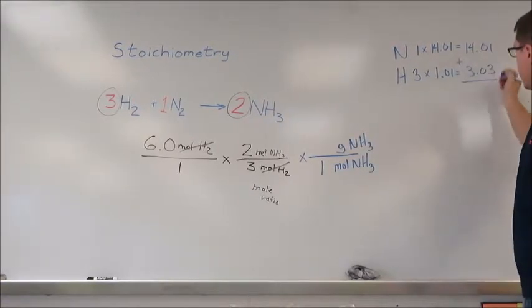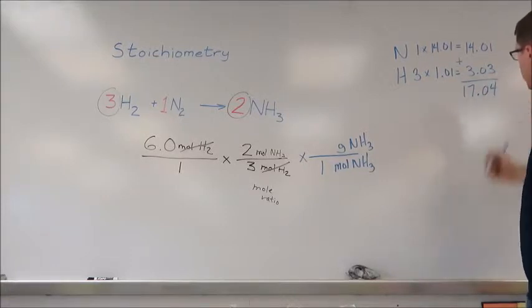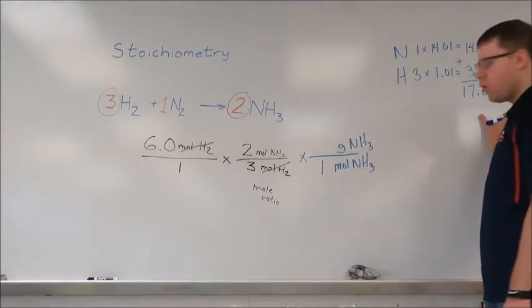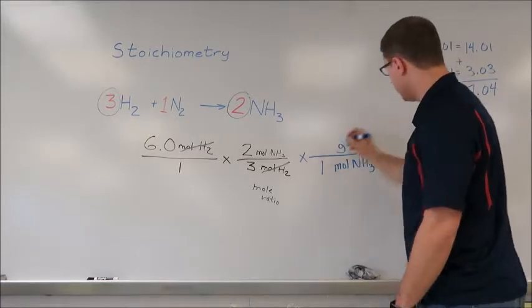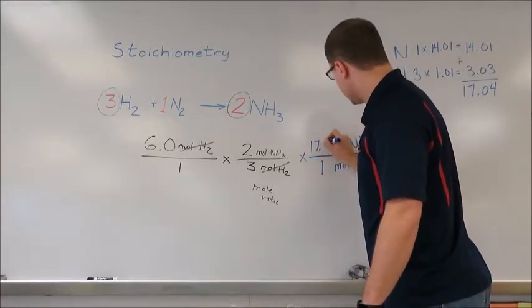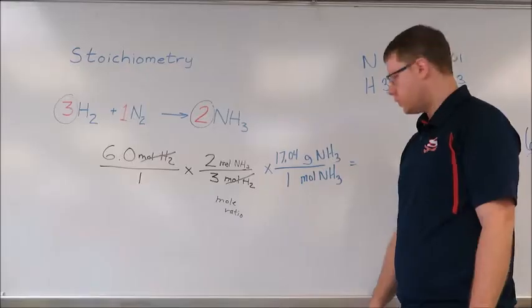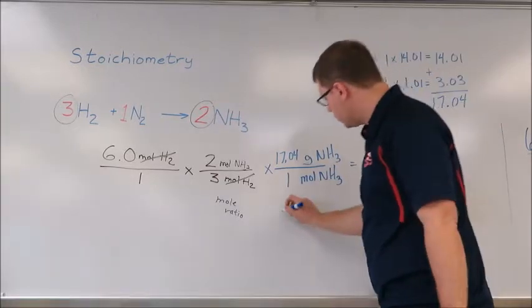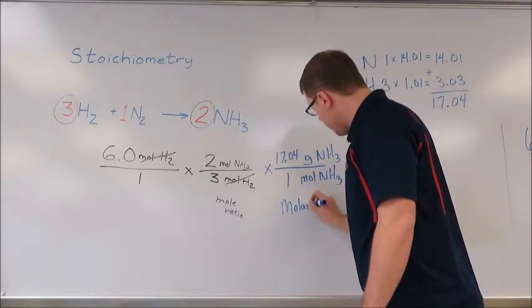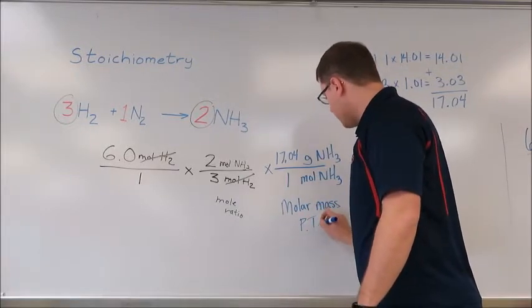We add them together to get a total of 17.04. This is your grams for ammonia, where you're going to put here in your problem, 17.04. Okay. So again, this is your 17.04. This is your molar mass, and we found that on the periodic table.